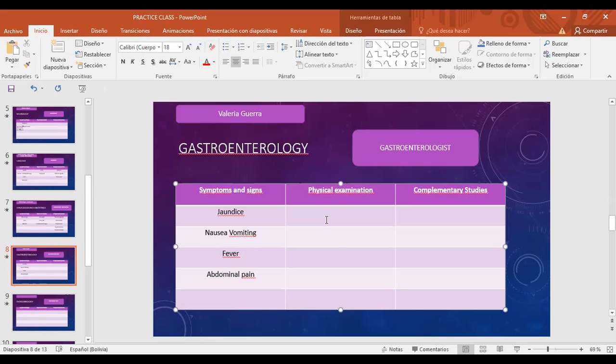I don't know. Okay, so you said abdominal pain, right? So when you're checking on a patient, you get abdominal pain. In which quadrant of the abdomen? Lower. No, I don't remember the quadrants.